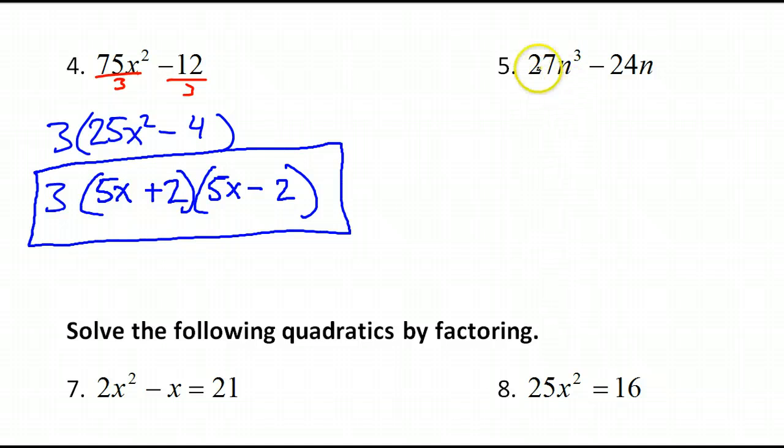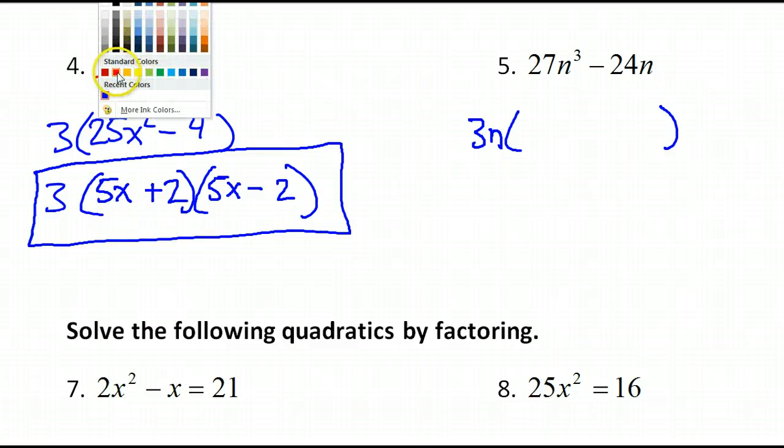Any common factors here? Well, yes, there are. Not only are these both divisible by 3, but also an n is common to both. So that means I'm going to bring out 3n outside the parentheses.